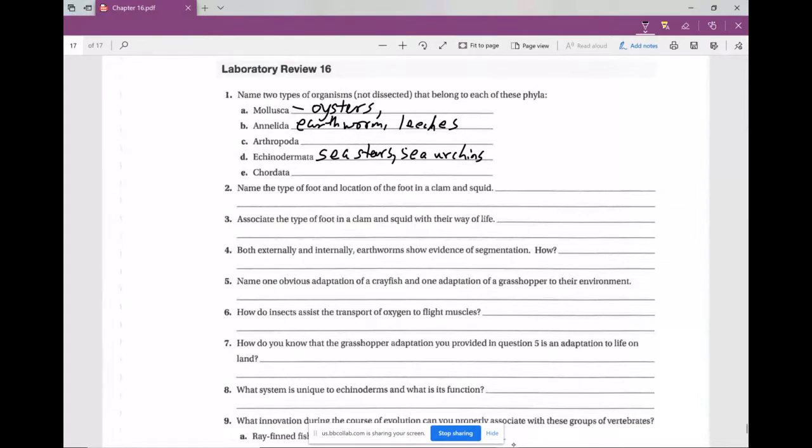Name the type of foot and location of the foot in a clam and squid. In a clam, it's tongue-like, inside the shell. And in the squid, it's the tentacles.